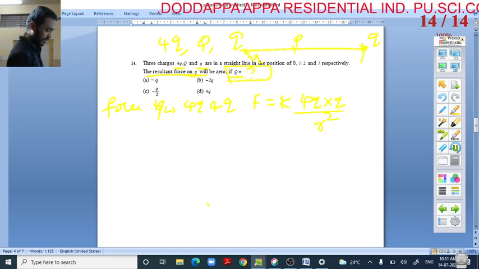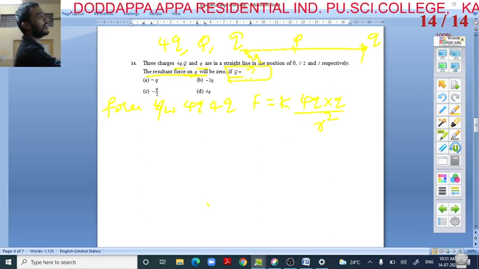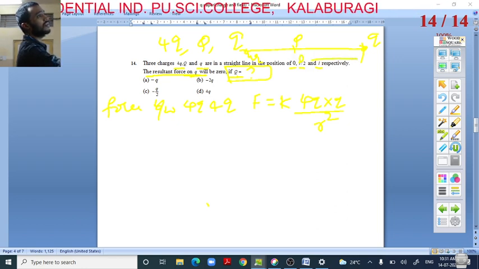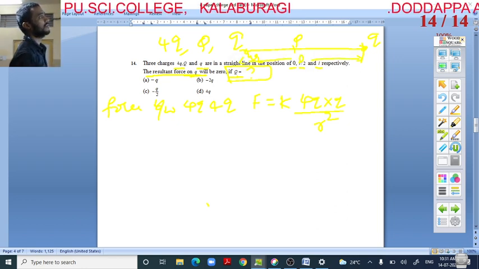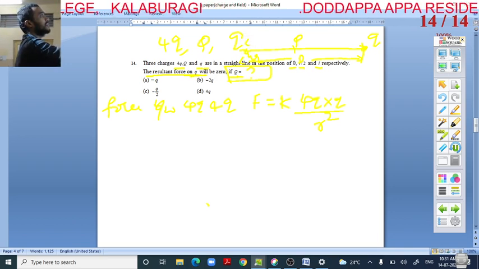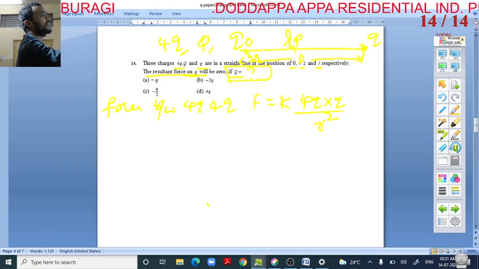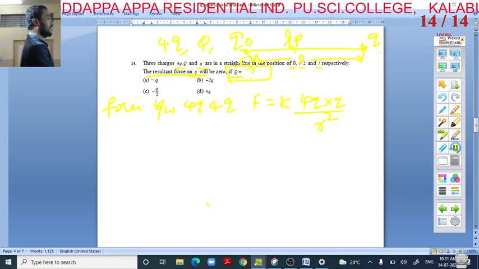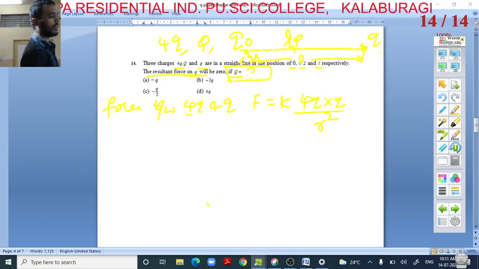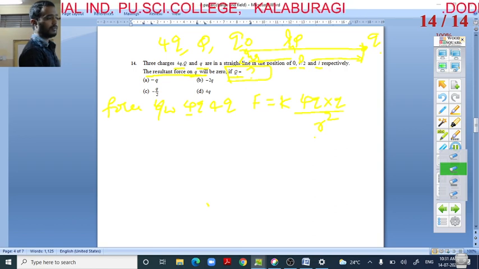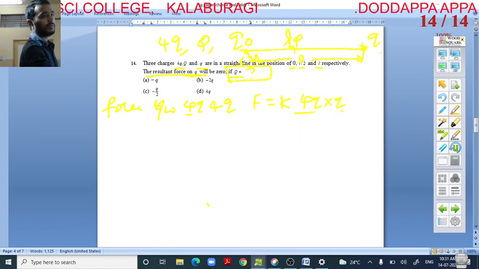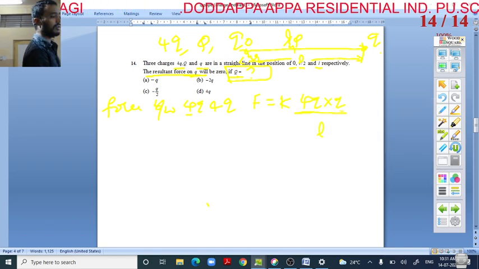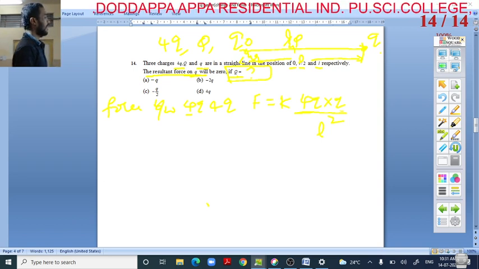Instead of that, he has given the distance already: 0, L by 2, L. So the distance from here to here is L. Here it is 0, up to here it is L by 2, and here to here total it is L. So force between 4Q and Q is 4Q square divided by L square.